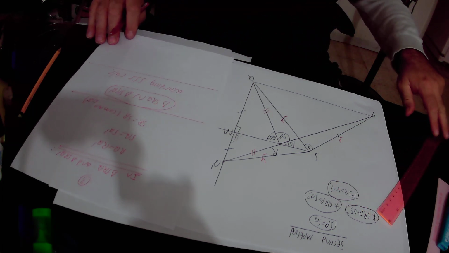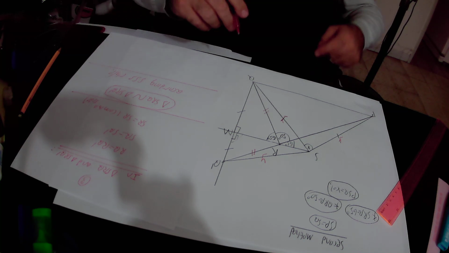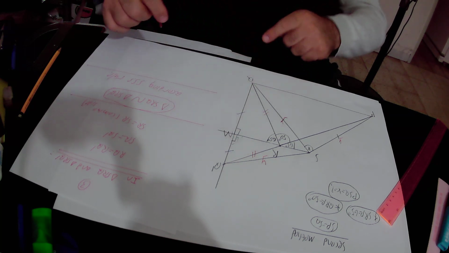So, from the fact that those two triangles can go into each other, we can conclude that those two angles are equal to each other.